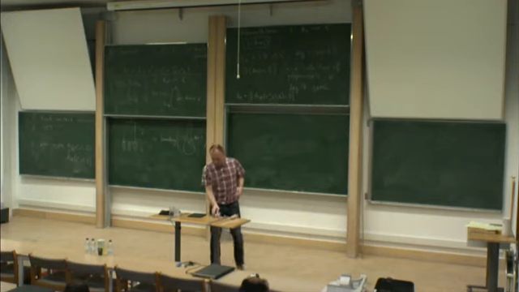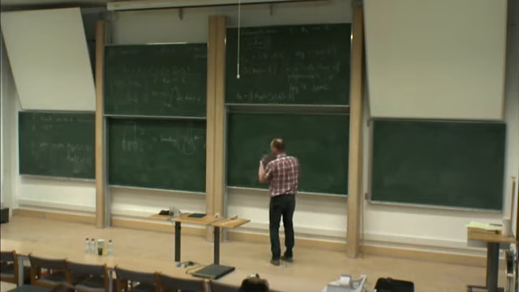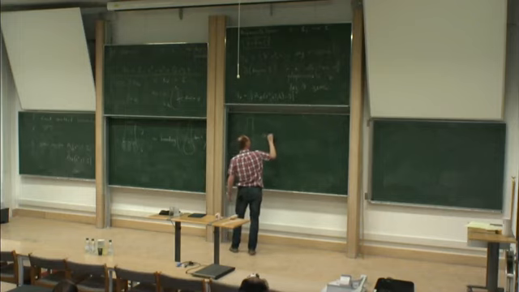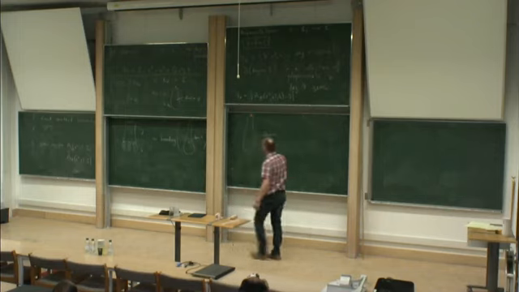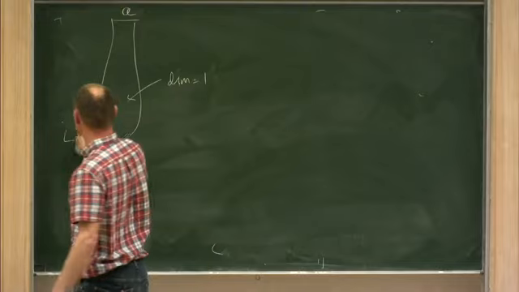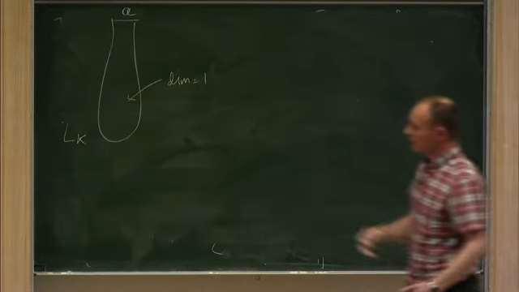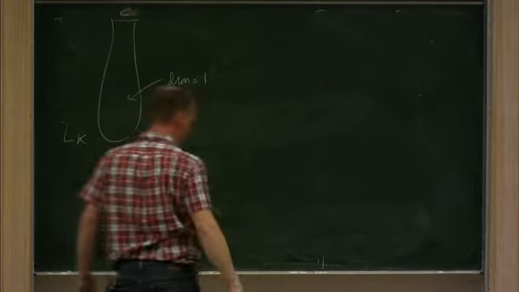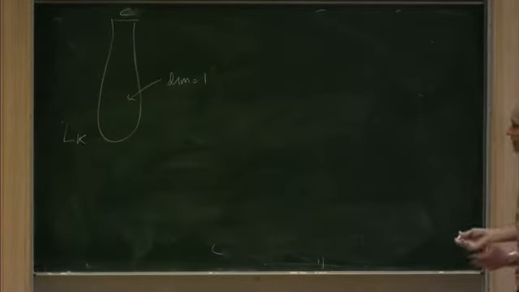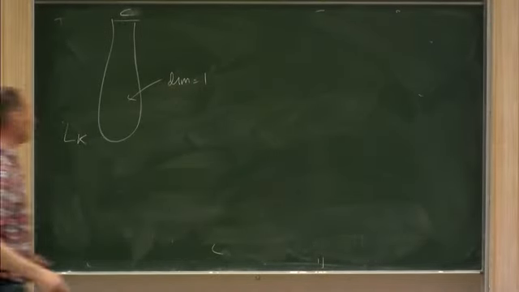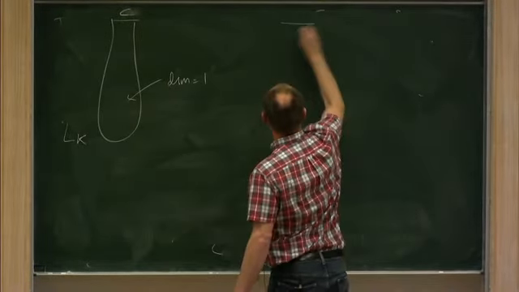In order to see why, we need to follow this argument and see why it fails. So we start as before. We start with this dimension 1 moduli space of holomorphic disks with boundary on Lk, and a positive puncture at this C. This is of course still boundary, but there are more boundaries.